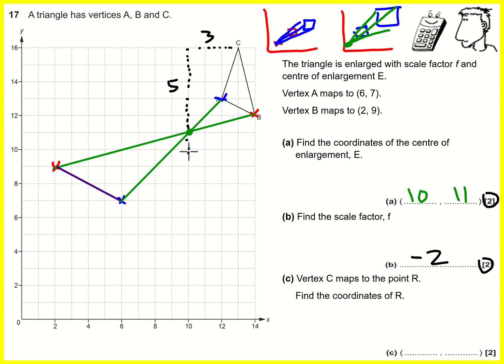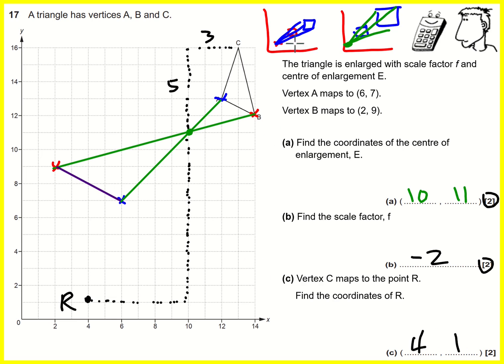So I'm going to carry on going 2, 3, 4, 5, 6, 7, 8, 9, 10. It's going to go here, but then I'm going to go along 6 because I need to multiply by 2. 1, 2, 3, 4, 5, 6. This is the hardest transformation, I think, but that is where I'm going to end up. R is going to be (4, 1).